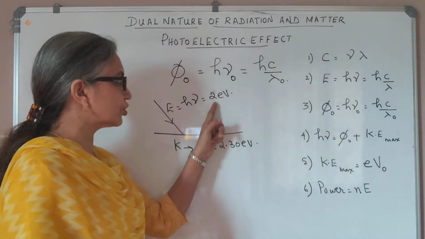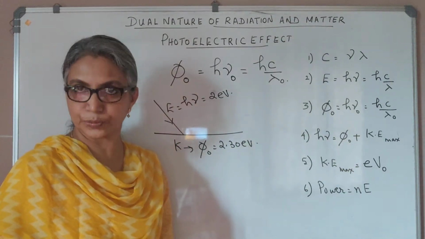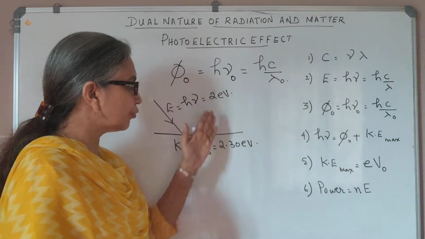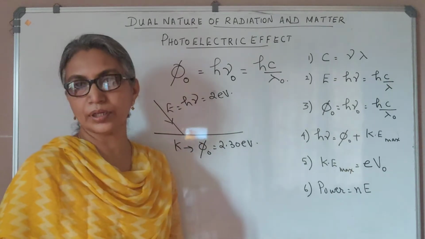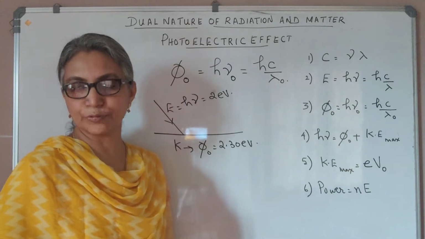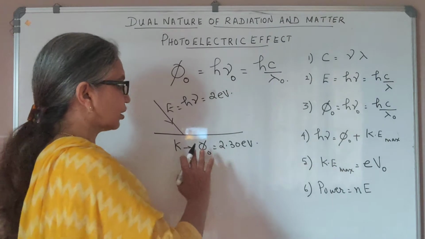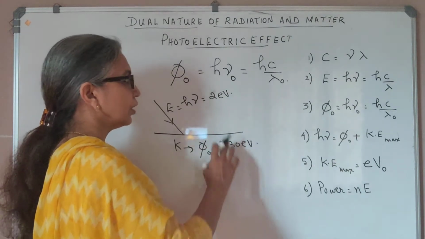But your incident radiation is carrying only 2 electron volt, which means it does not have enough energy to produce the photoelectric effect, and therefore no photoelectric effect will happen.